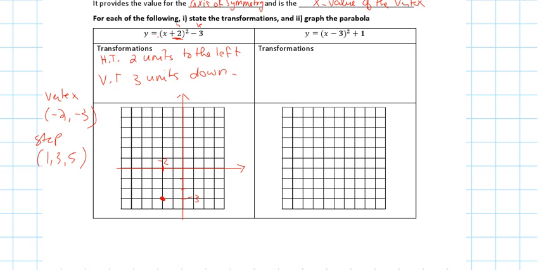From my vertex, I'm going to go up 1 over 1 to both sides. Then I'm going to go up 3, so 1, 2, 3 over 1. And if I have room, I can go up 5: 1, 2, 3, 4, 5 over 1. And that is my parabola.